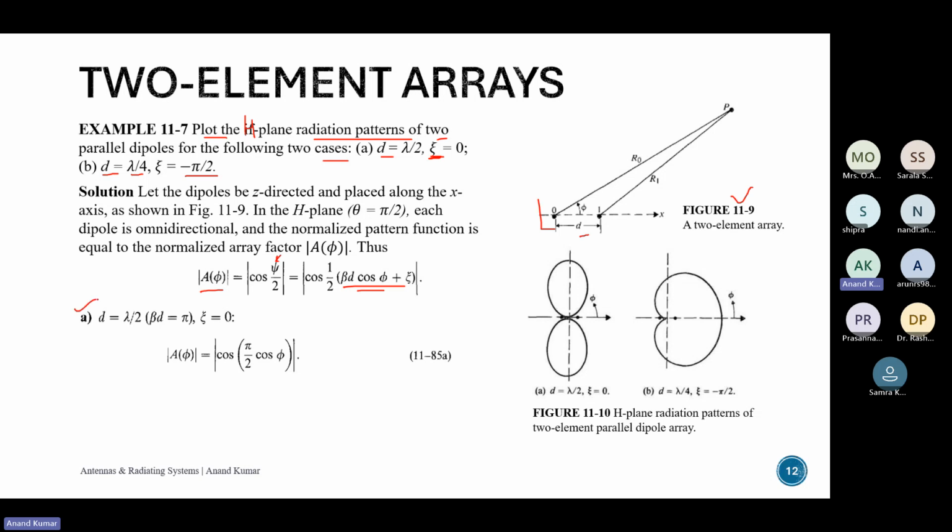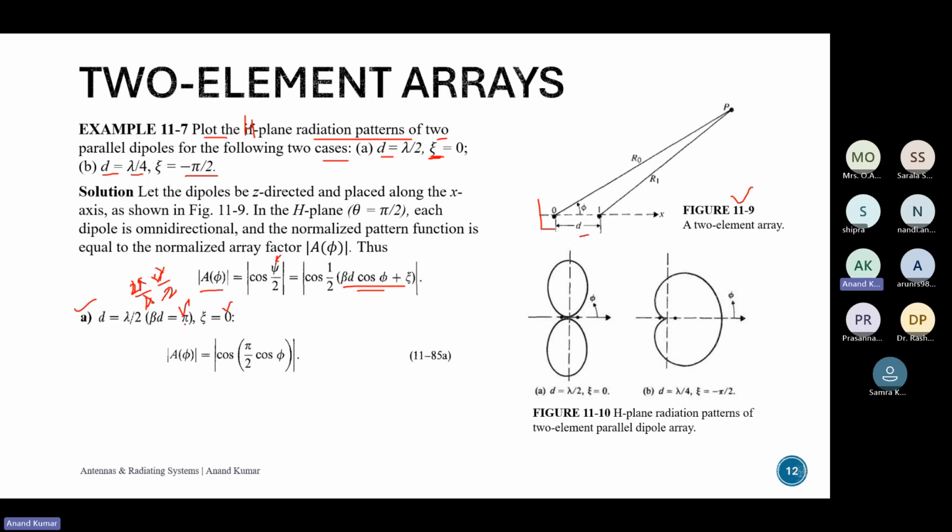For the first case, where d is lambda by 2 and xi is 0, putting d as lambda by 2, and beta is 2 pi by lambda into lambda by 2, we end up with pi, and this other term is 0.